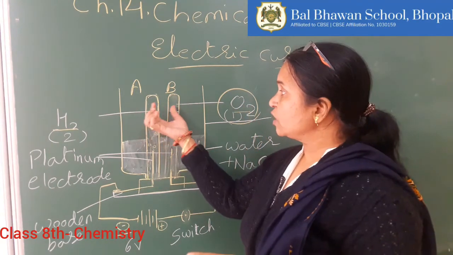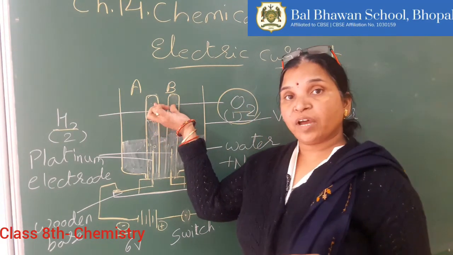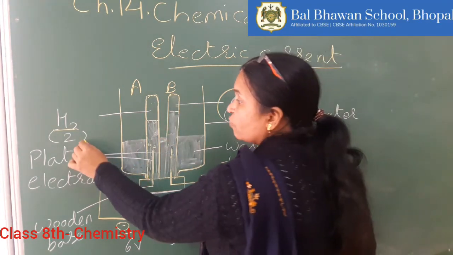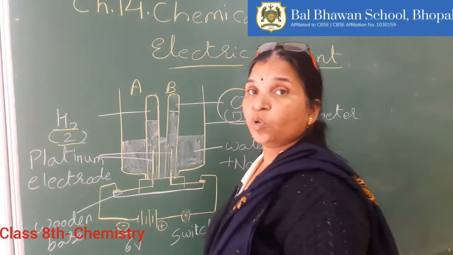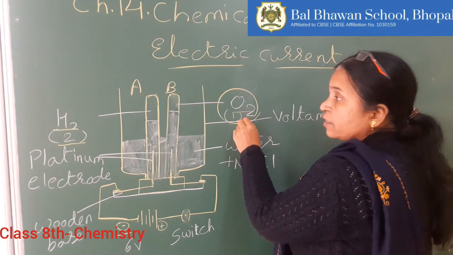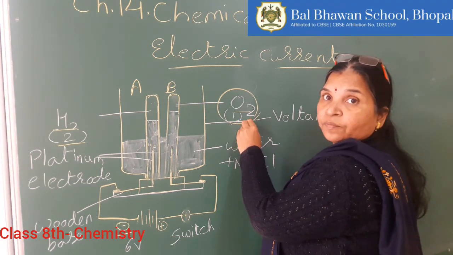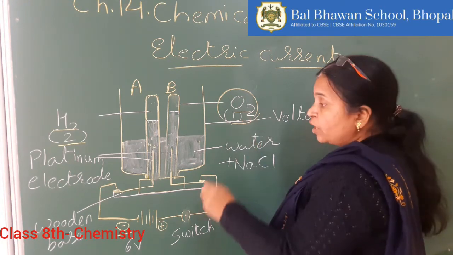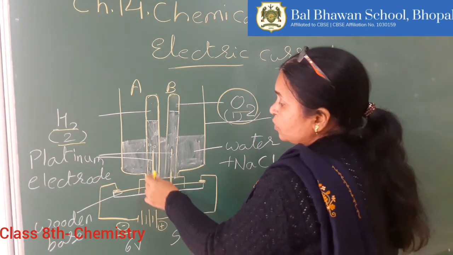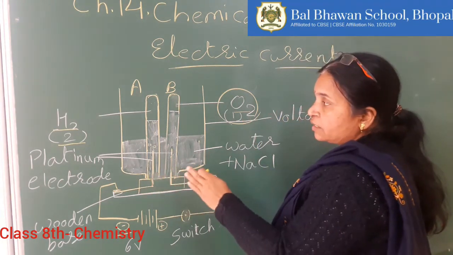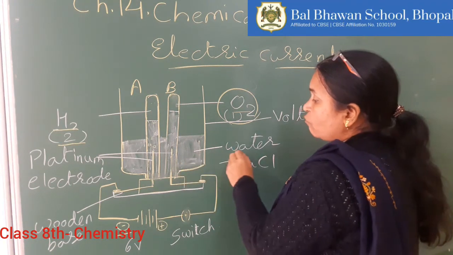If you observe these two test tubes, you will find that the quantity of hydrogen gas produced will always be double the quantity of oxygen. So here you observe that the two gases get separated from the water.